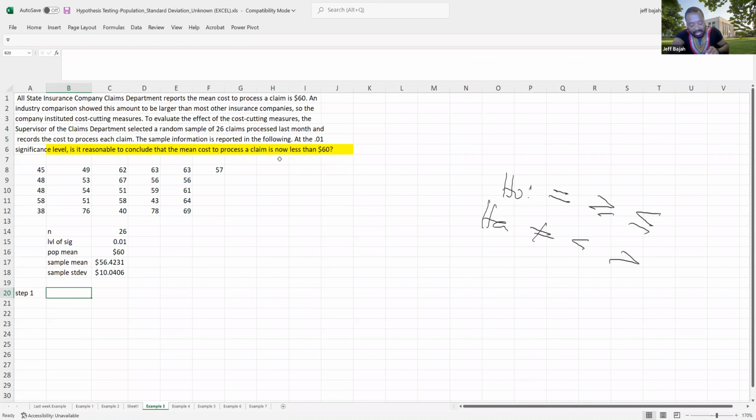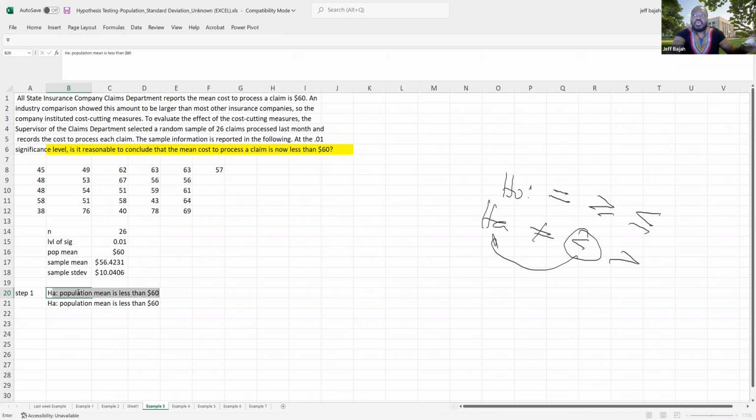So we're going to come here and say H sub A: population mean is less than $60. We know that because it says less than, and less than usually is attached to H sub A.